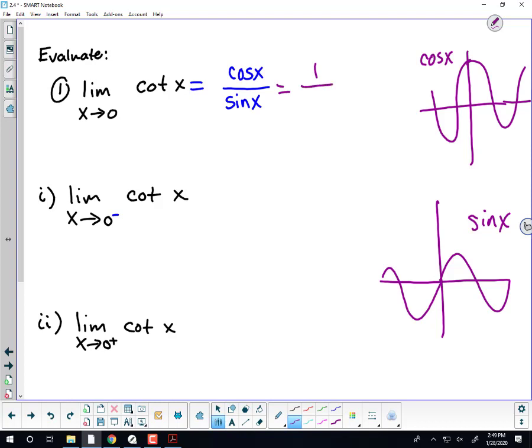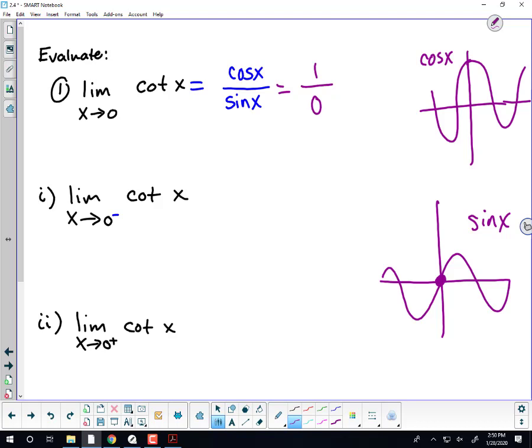The sine of x approaches, initially we might say 0, but it's not totally clear. Sine does approach 0, but it depends on what side I approach from. As I approach 0 from the right, it's positive values. From the left, it's negative values.